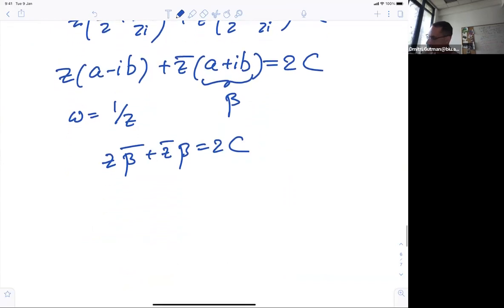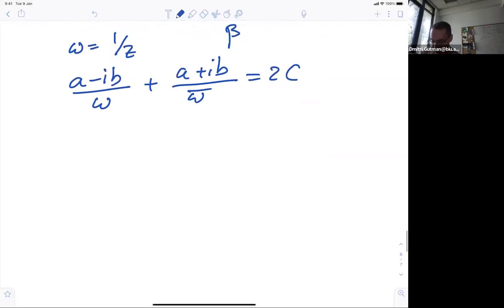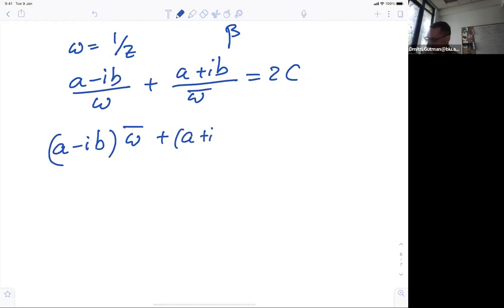Okay, so let us just skip a and b because we don't need any more notation. So what happens under this transformation? The equation obviously becomes (a minus ib) divided by w plus (a plus ib) divided by w bar is equal to 2c, which means that this is the equation (a minus ib) times w bar plus (a plus ib) times w is equal to 2c w bar.